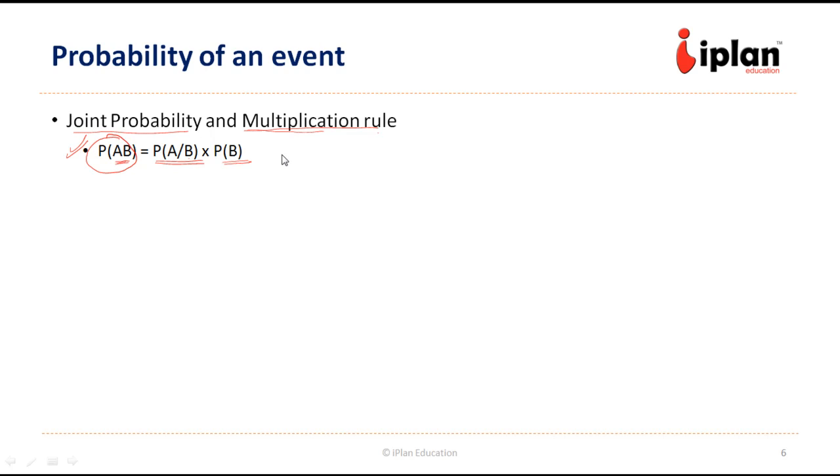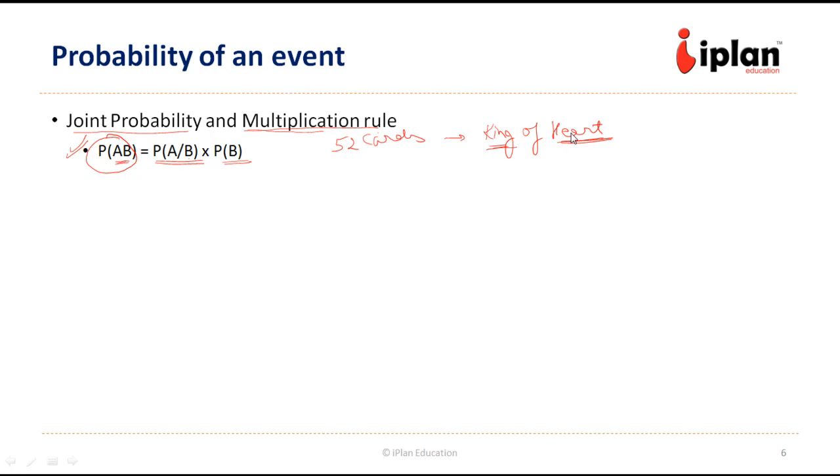So let us take an example. If there is a deck of 52 cards, we need to find out the probability of randomly selecting a card and it being king of heart. So there are two events, king and heart.